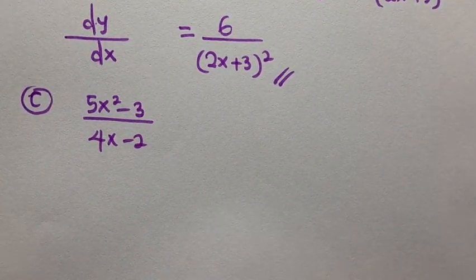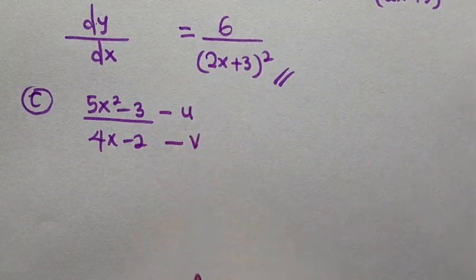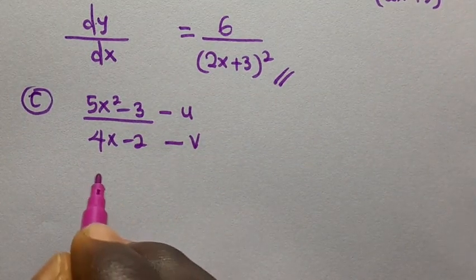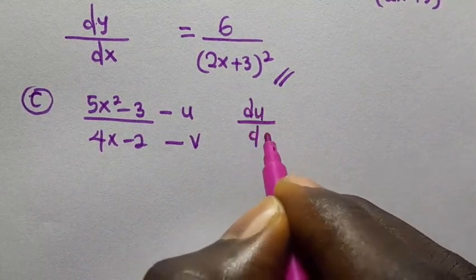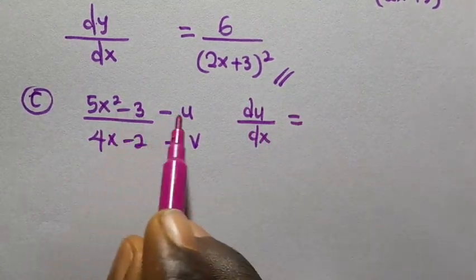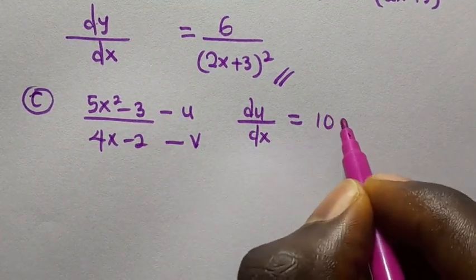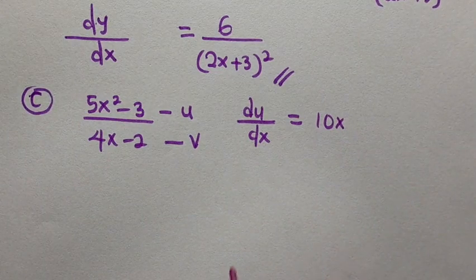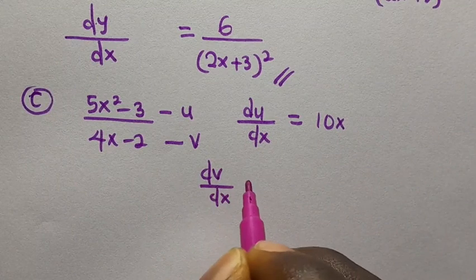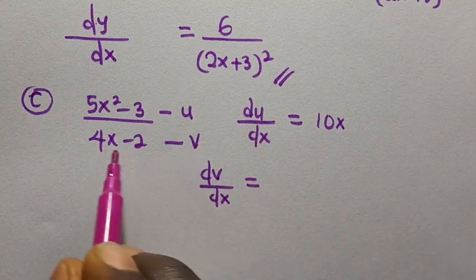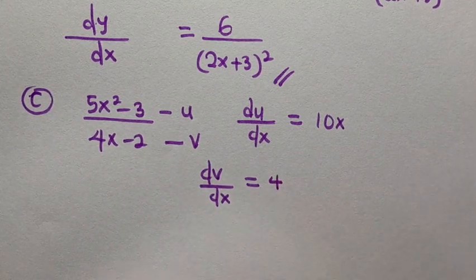So from here, when we let this one to be u and this to be equals v, we have du/dx. Differentiate this with respect to x, we have it to be 10x. When you obtain the dv/dx, differentiate this with respect to x, we have it to be 4.